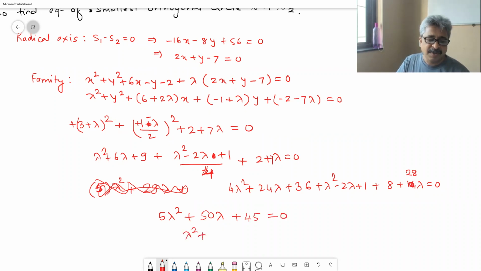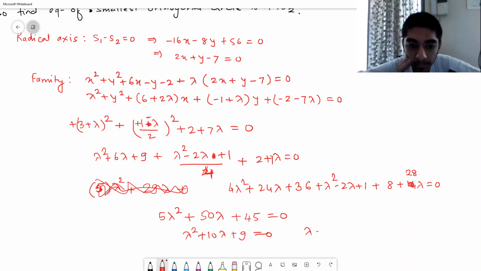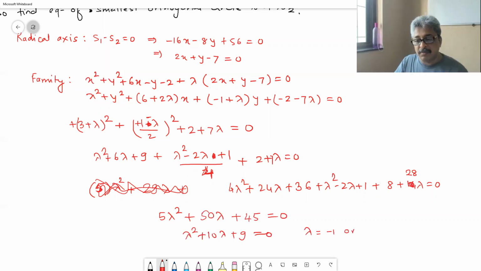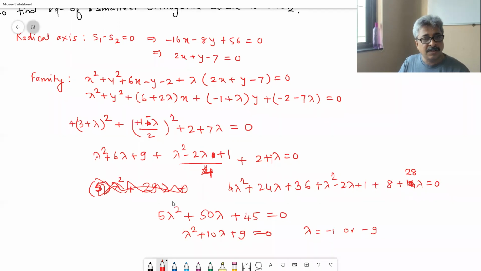Lambda square plus 10 lambda plus 9 equal to 0. Lambda is equal to minus 1 or minus 9. That gives you 2 circles.